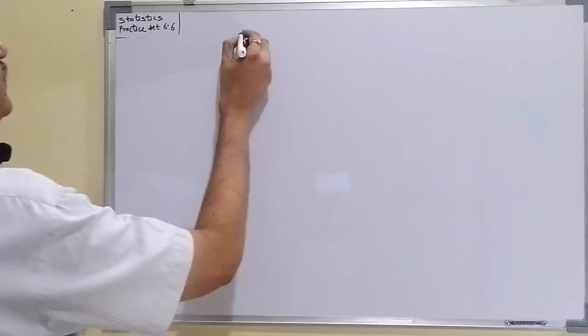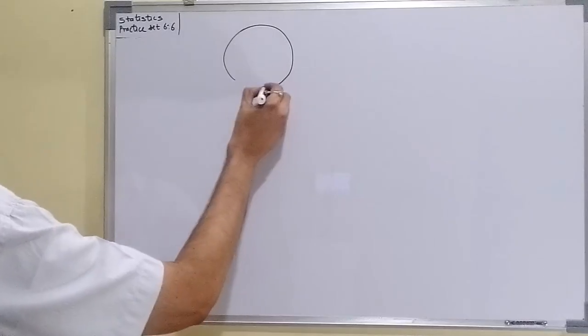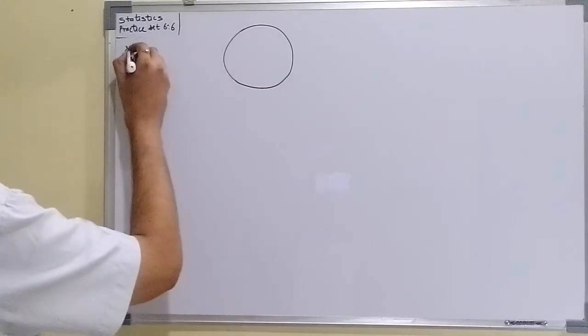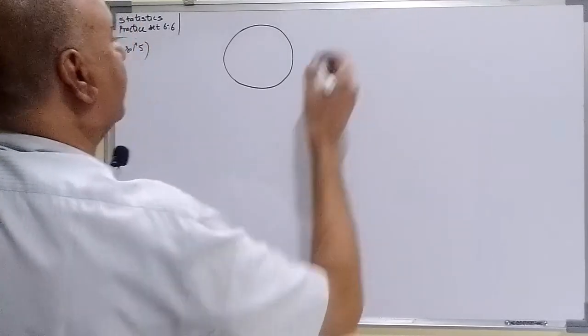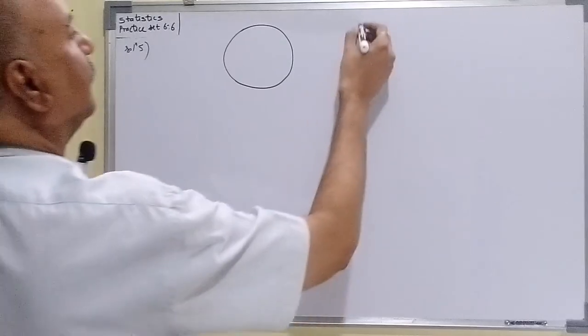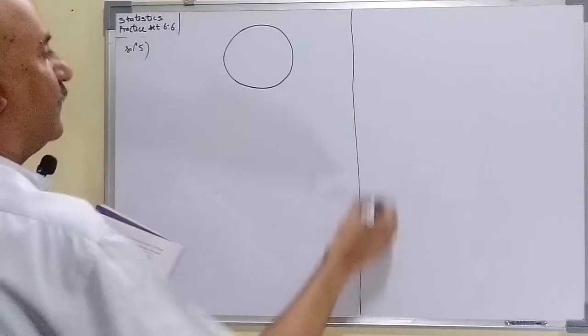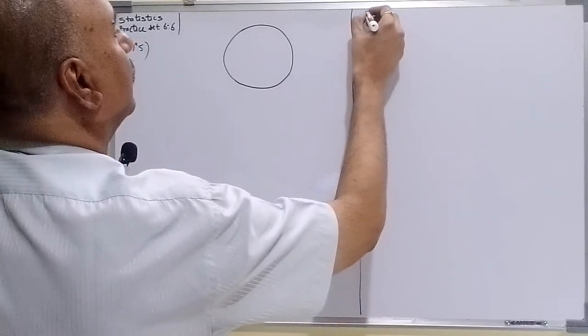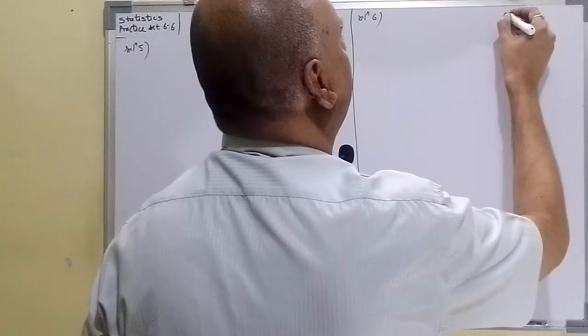This is the figure they are given you. This is solution 5. And this is solution 6. This also I will draw for you, sorry.